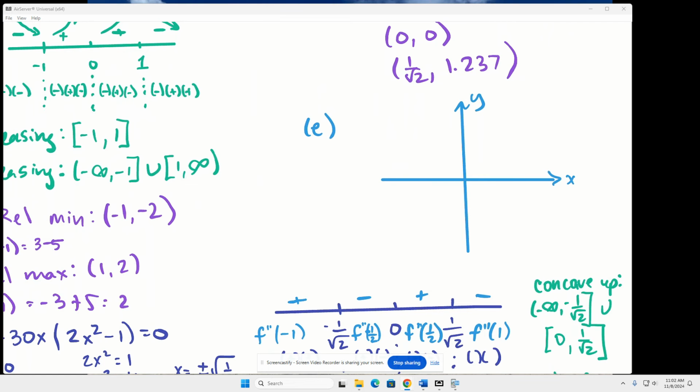All right, so on the x, I think we only need to go over to -1 and 1, but we can go farther if we need to, if you want to. And then our relative max was at 2, so that should be the highest we need to go, and min is at -2.